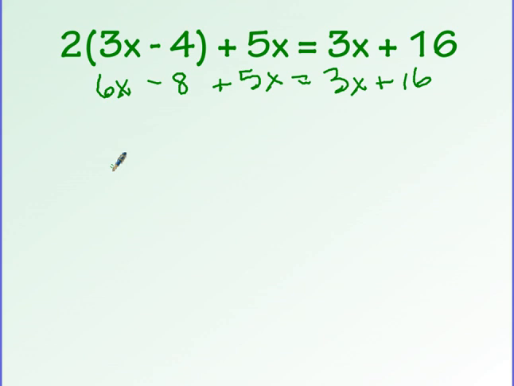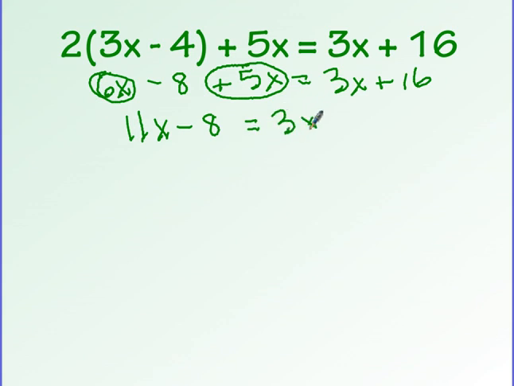Step 2 is combining like terms. On the left hand side, you can see that we have a 6x and we're adding 5 more x's, giving me a total of 11 x's on the left hand side. I still need to write down everything that I haven't used yet. Step 3 says, do I have variables on both sides of my equation?